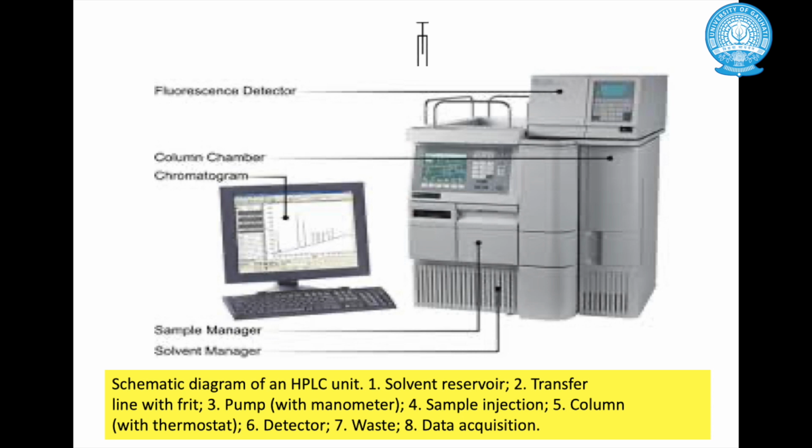For example, in the case of reversed phase C18 columns, polar compounds will move faster.